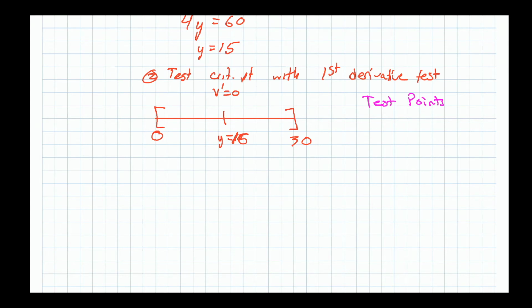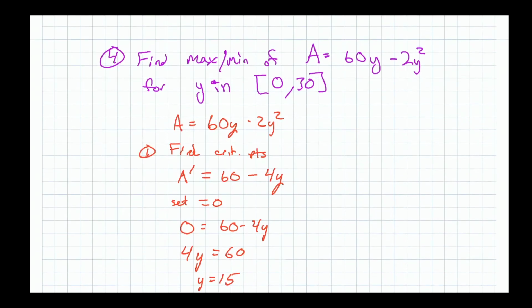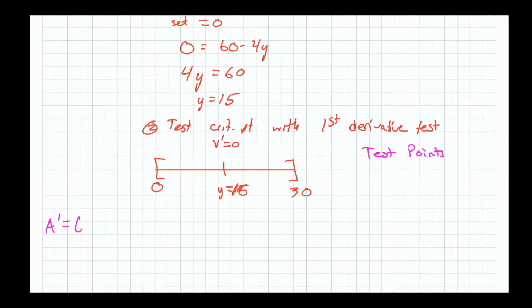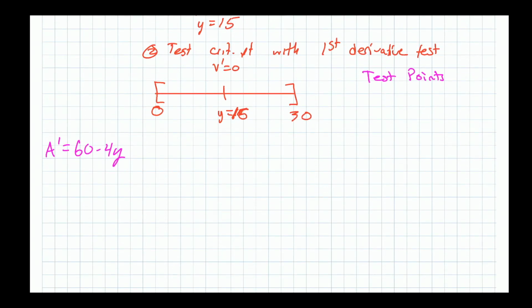Where's A prime, by the way? I need to look at it. A prime is 60 minus 4Y. So we need A prime of something over here. What's in between 0 and 15? Anything, right? How about 2?